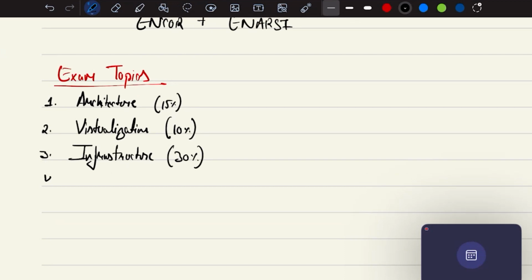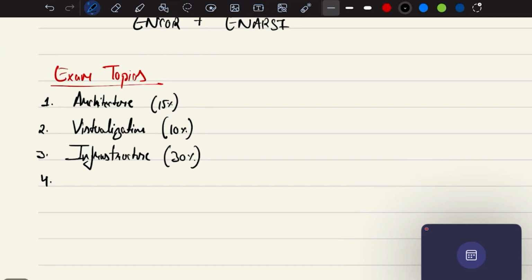Then the fourth one we have is network assurance. Network assurance again carries 10%, and it covers how we can configure SPAN, RSPAN, syslog, SNMP, debug commands, and all these things.